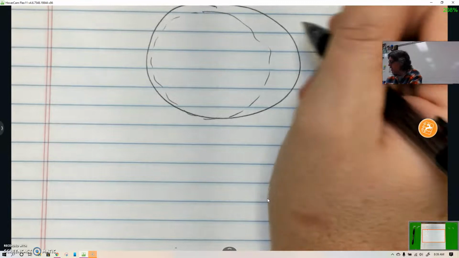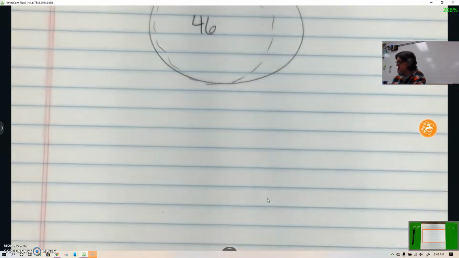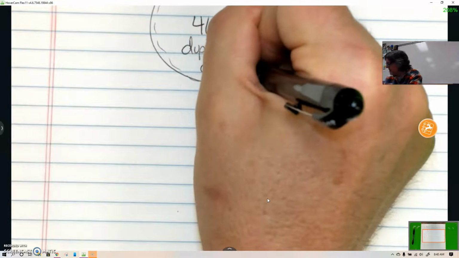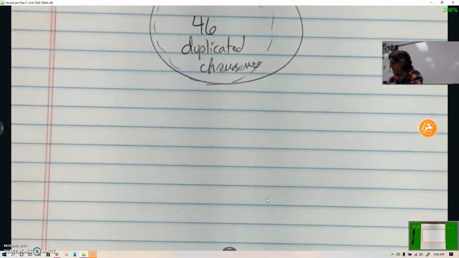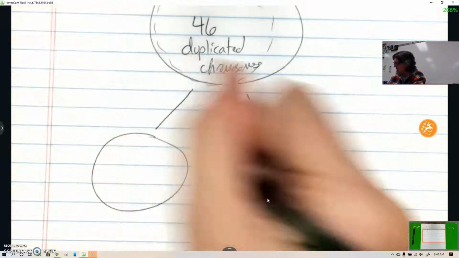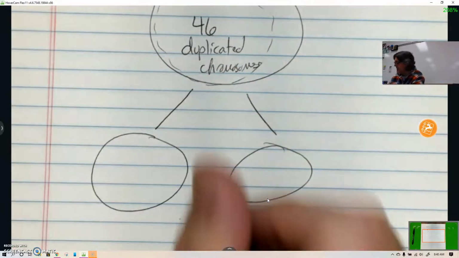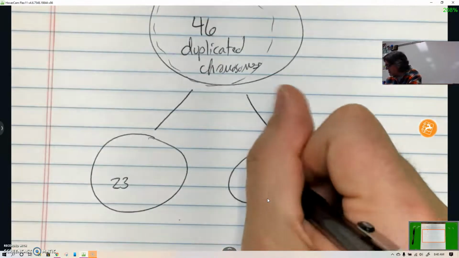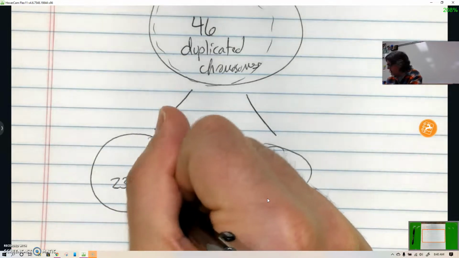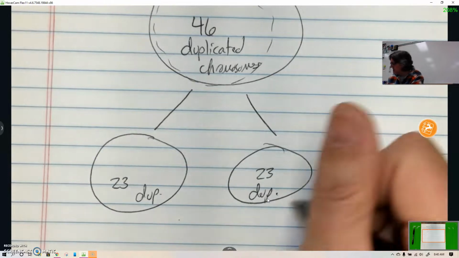Okay, so ultimately we want to go from 46 duplicated chromosomes, and we want to divide that into 2 cells, each with 23 duplicated chromosomes.